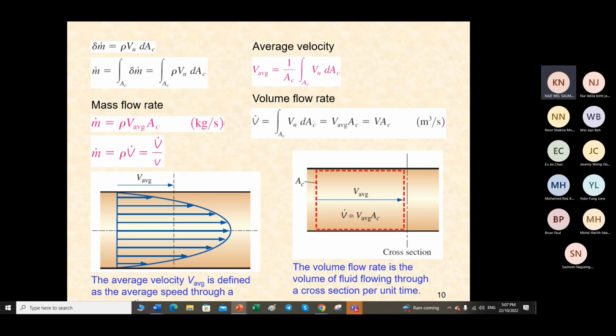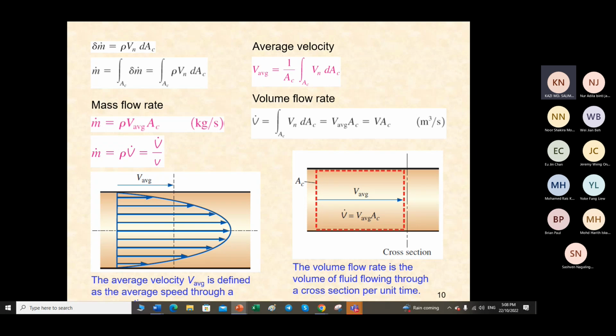Then, if we consider the flow stream in a pipe flow, we can see that this turbulent flow is being bounded here, and then the average is represented. V average is the integration of the cross-sectional area, into Vn into dAc. So then it is giving us the average flow velocity. And if we want to calculate the mass flow, it will be on the surface of the area.